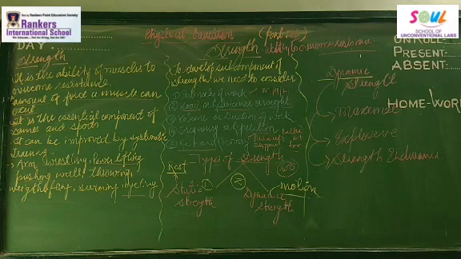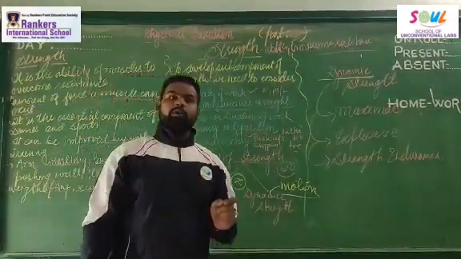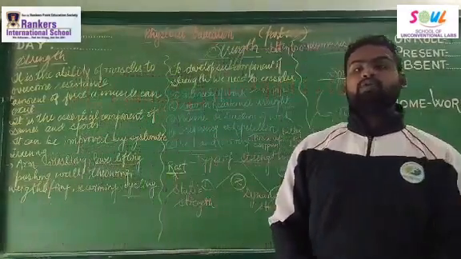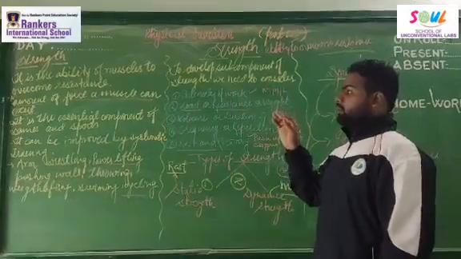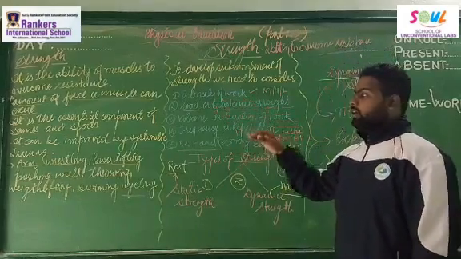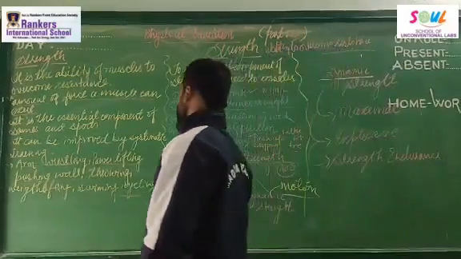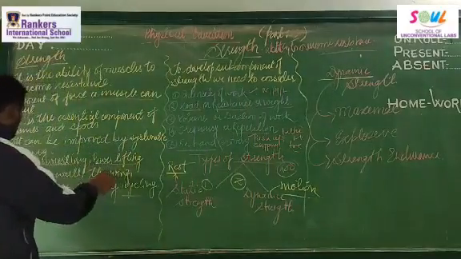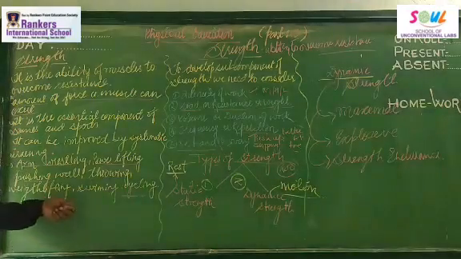Got it? Now we are just going to recapitulate what we have started. We started with strength. What is strength? Strength is the ability of our muscle to overcome resistance. It is the amount of force exerted by the muscles while doing some activity. It is an essential component of games and sports, right? It can be improved by systematic training. Arm wrestling, powerlifting, pushing the wall, throwing, weightlifting, swimming, cycling: these are some examples of strength.